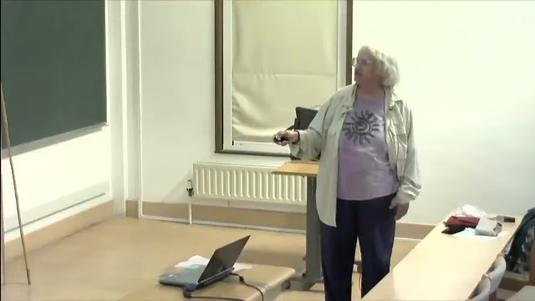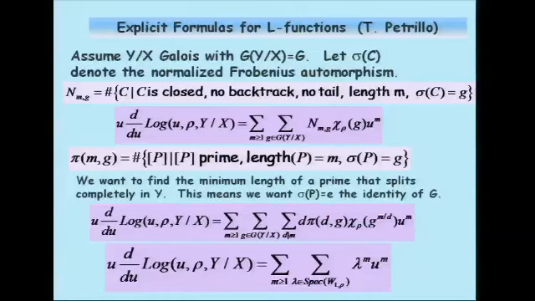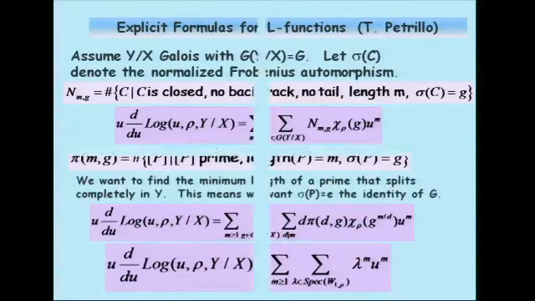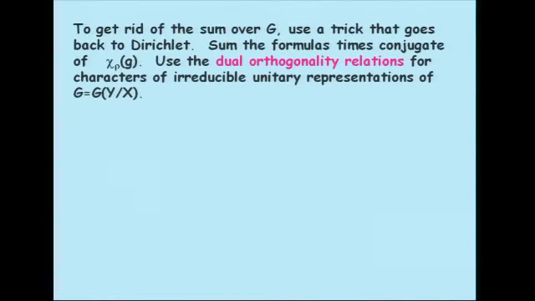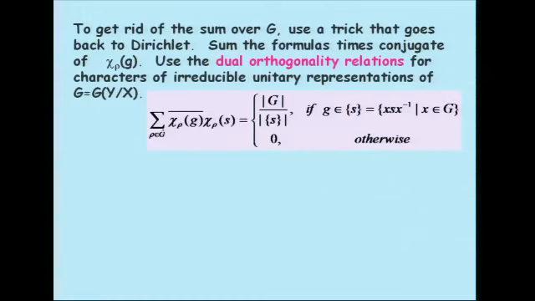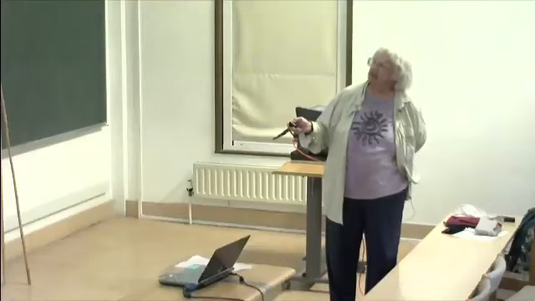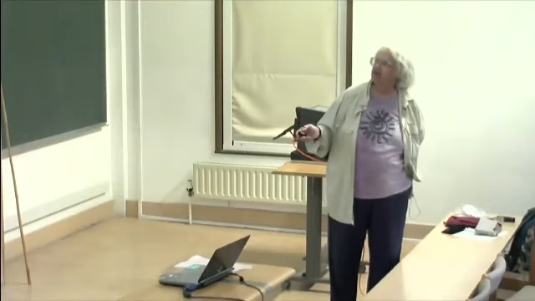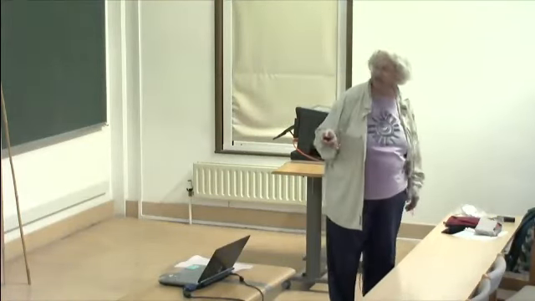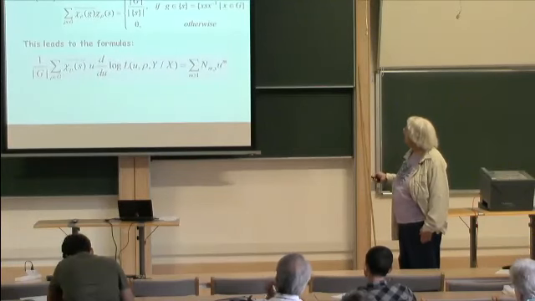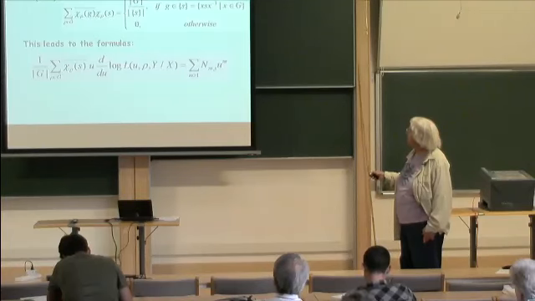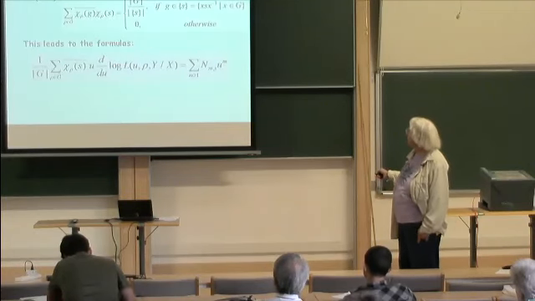And again, of course, because of the determinant formula, you can change this to a sum over the spectrum of the W1 rho matrix. If you put all that together, plus this trick that if you don't like the sum over G, you can get rid of it and replace it with a sum over representations rho, a trick that goes back to Dirichlet, I guess, in number theory, using the dual orthogonality relations between the characters of the representations, then you get this sort of formula, where if I sum the complex conjugate of the character times the logarithmic derivative of the L function, I get this.